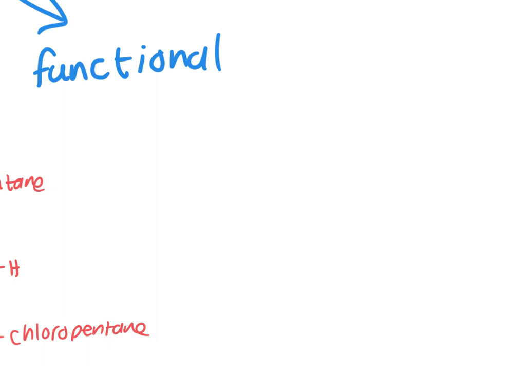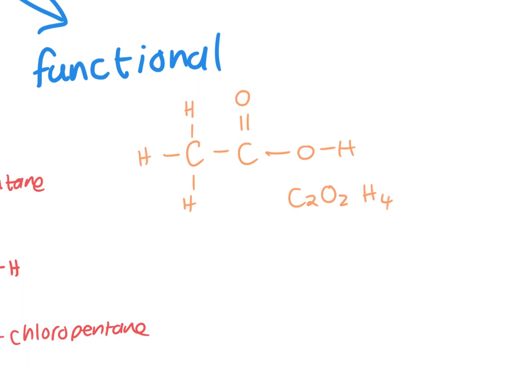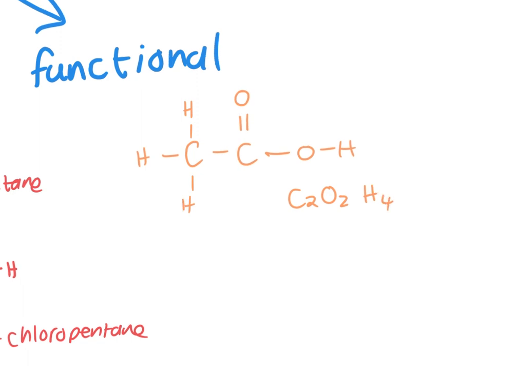So this is a carboxylic acid, and its formula is C2O2H4. And so this is called your ethanoic acid. Right? So the name of your ester will be the isomer of this thing, the functional isomer.